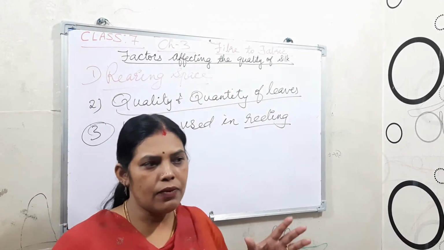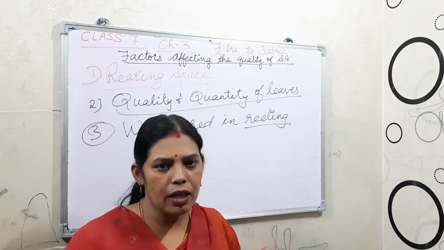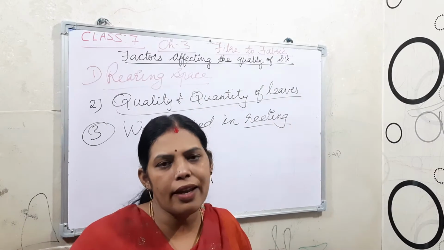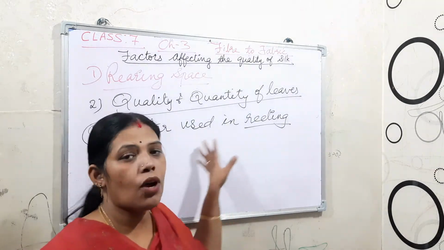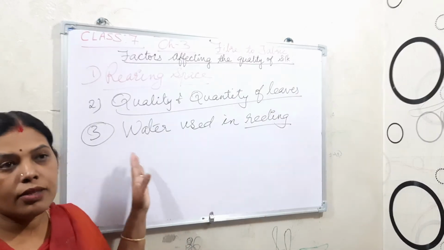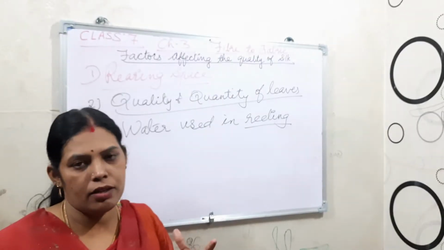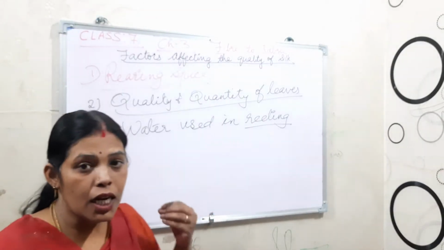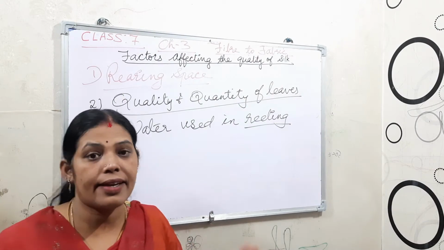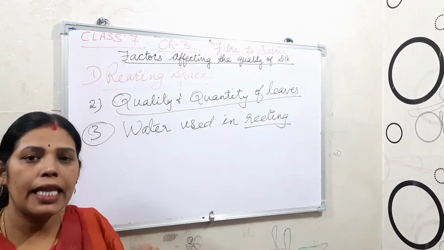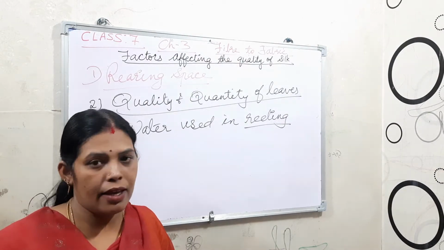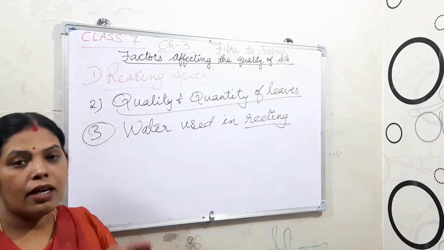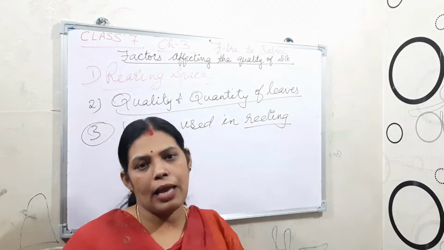They get suffocated because of respiratory problems and die. For reeling, the water used should be pure water, colorless, odorless and transparent. If any impurities are present, they will sediment there, and that will sediment on the silk fiber also.